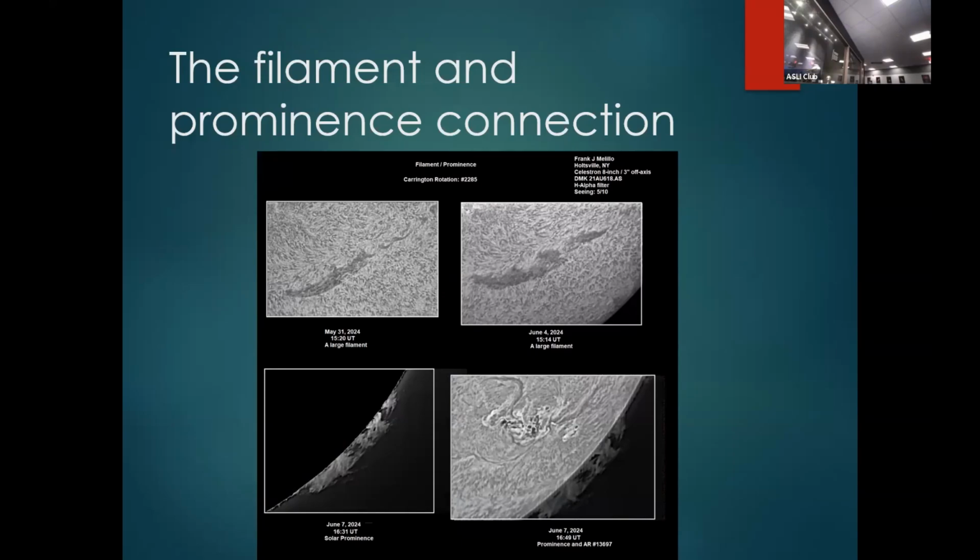When you see a filament on the solar disk through the H-alpha filter, it appears dark, because it's cooler gas and it emits less light. When it emits less light, it appears darker than the surrounding area. Now, when it moves to the limb, it becomes a prominence. These prominences here are the same thing as the filaments right here.